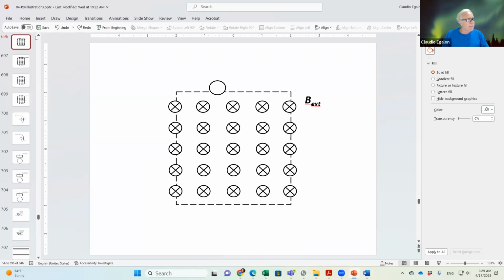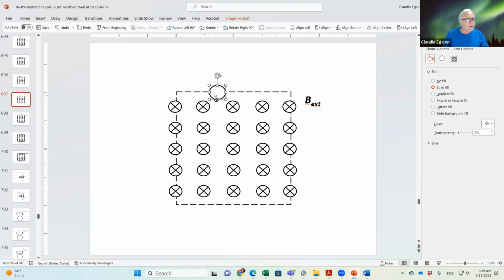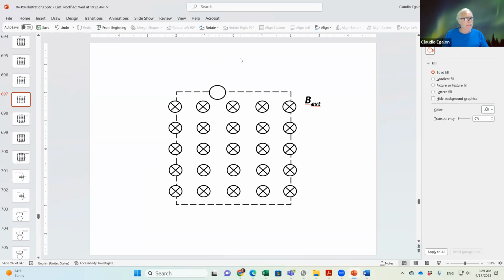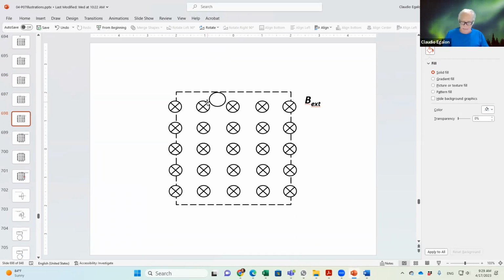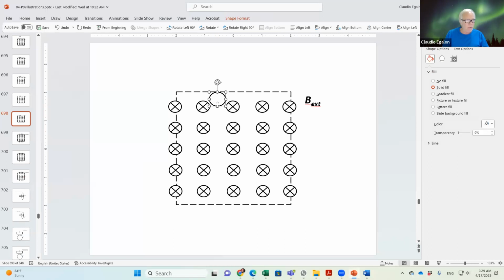And then as time goes by, the magnetic flux keeps on increasing because the area of the circle exposed to the magnetic field keeps on increasing, right? At this moment right in here, the magnetic flux reaches its maximum value.